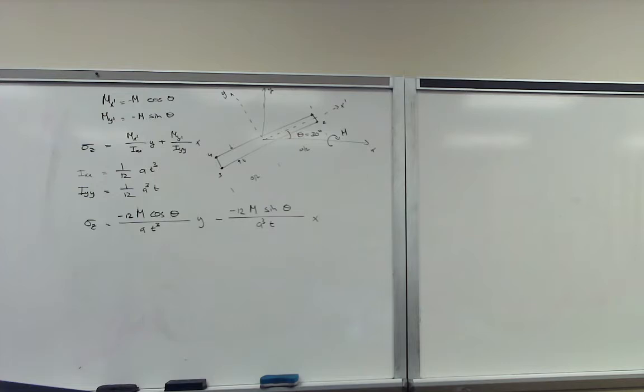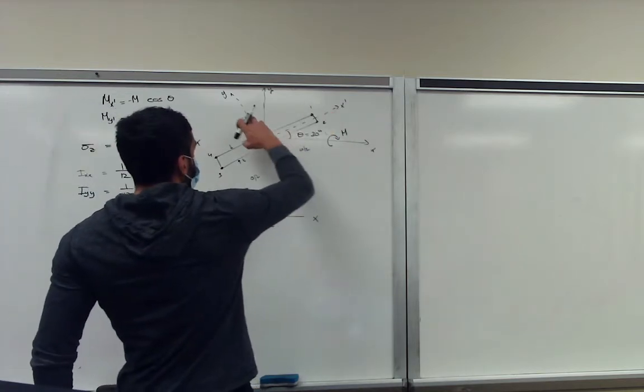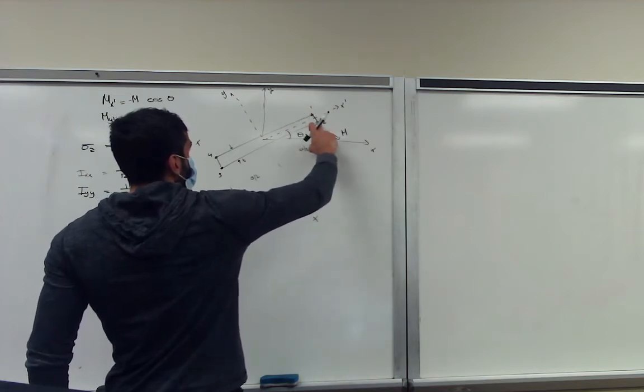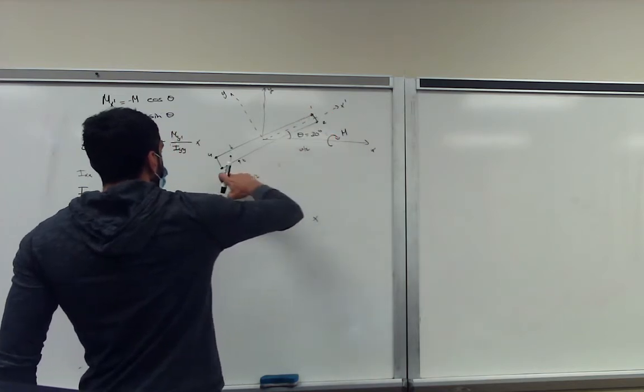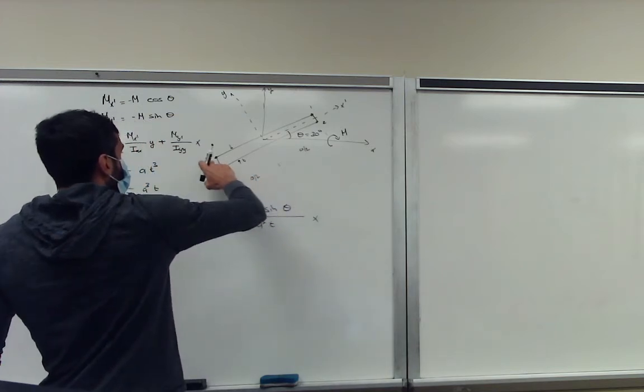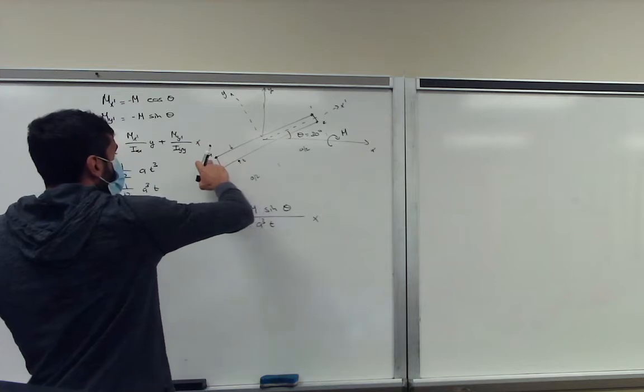We know immediately that at 1, in our new coordinate system, both x and y are positive. At 2, x is positive, y is negative. At 3, y is negative, x is negative. And at 4, x is negative, y is positive.